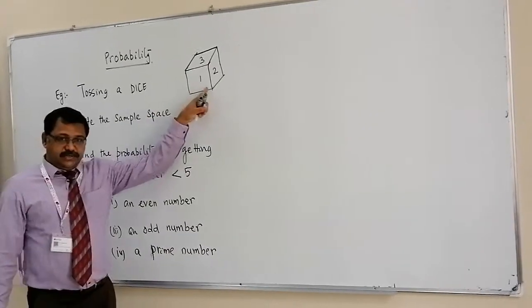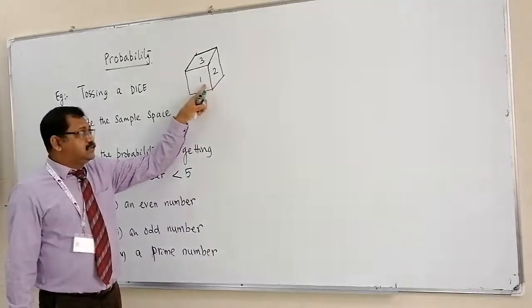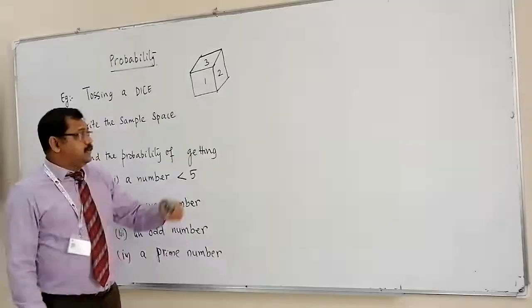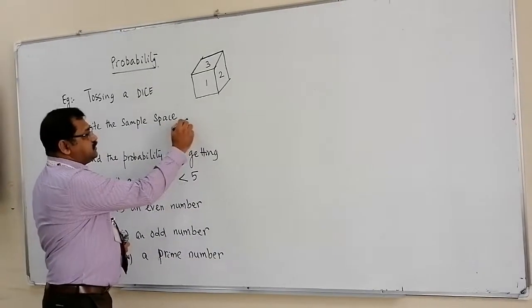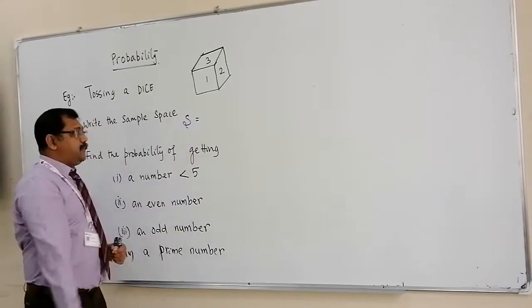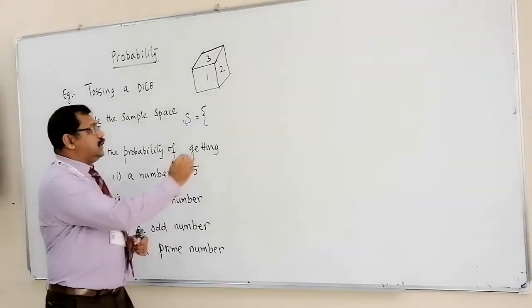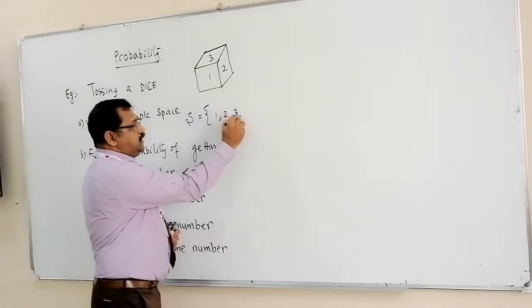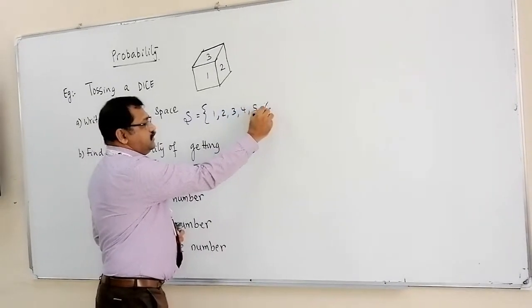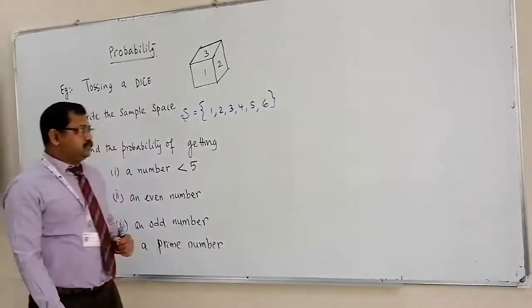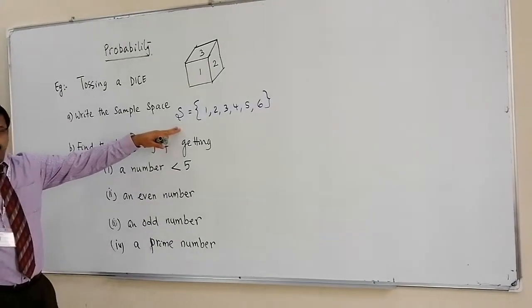We know there are 6 faces, and each face is written from 1 to 6. So the sample space we denote by S. The possible outcomes are 1, 2, 3, 4, 5 and 6. So this is the sample space.